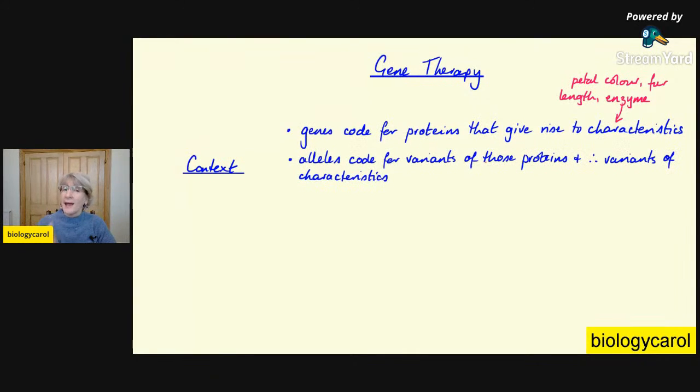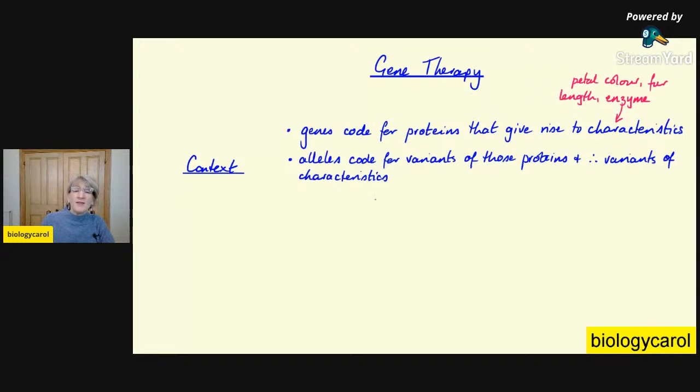Then we come on to alleles, and alleles are different forms of a gene, and they code for variants of those proteins. And therefore, they cause variants of those characteristics. So we might have a variety of petal colors, a variety of fur lengths, and a variety of activities in the enzyme action, or we might have no enzyme action at all, for example.